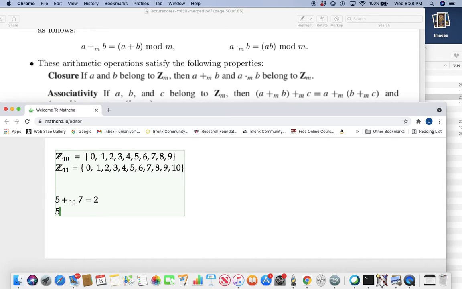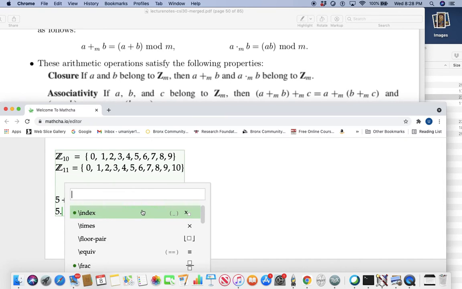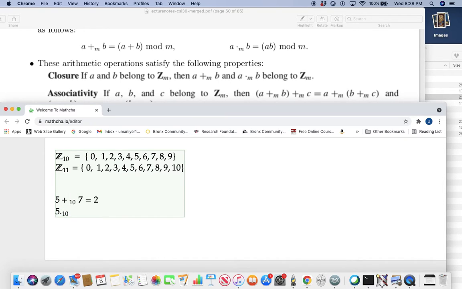Say I multiply 5 times 7 in modulo 10. So 5 times 7 is 35. Modulo 10 is 5. So I divide 35 by 10. What is the remainder? So basically the answer is a remainder. That's why it will fall here.